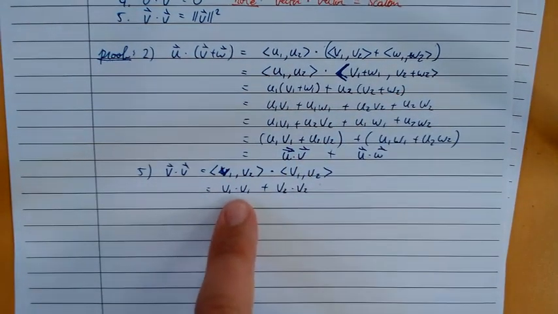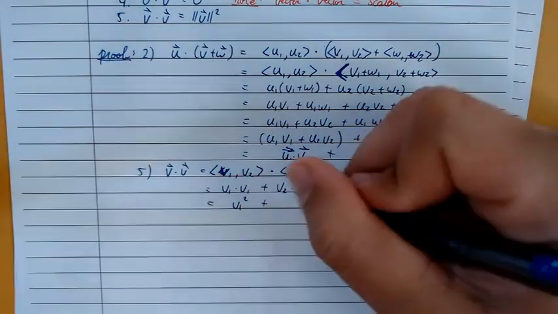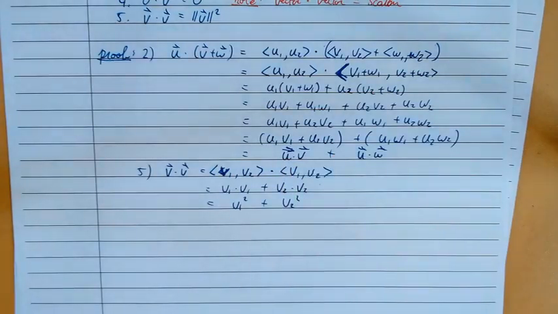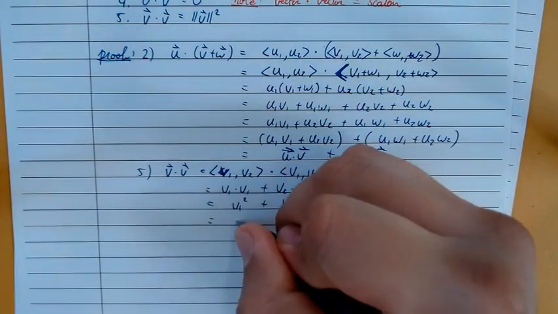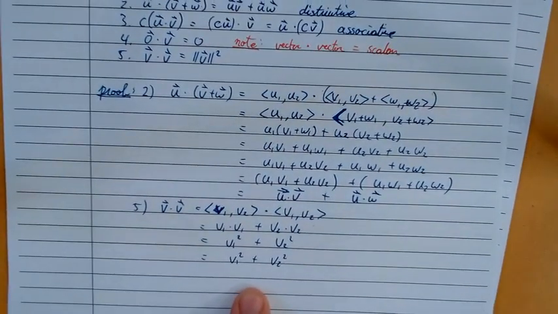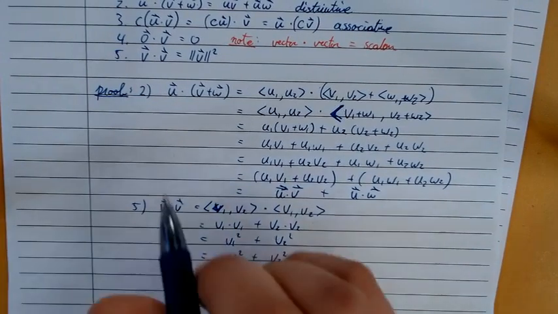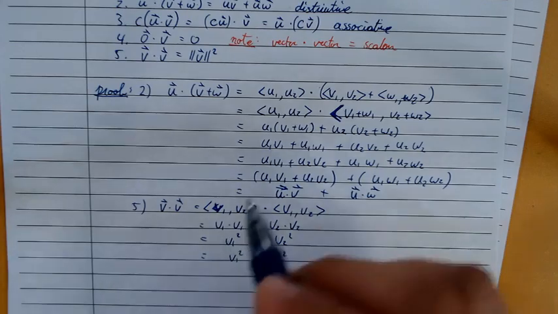Okay, but that's a number times itself. You can just write that as V1 squared. And that's a number times itself. You can write that as V2 squared. Oh, but V1 squared plus V2 squared, that almost looks like the magnitude formula, doesn't it? After all, the magnitude formula would be V1 squared plus V2 squared under a square root.